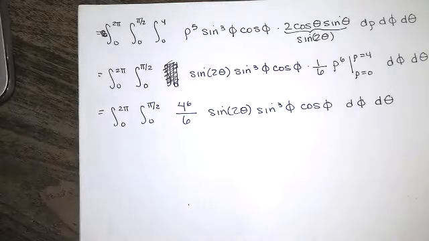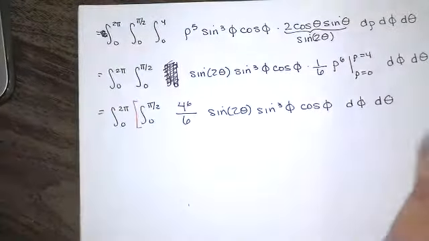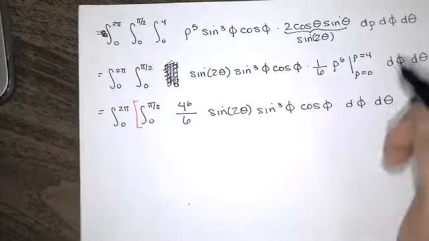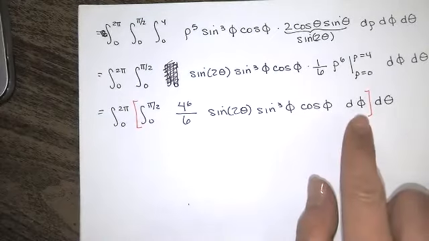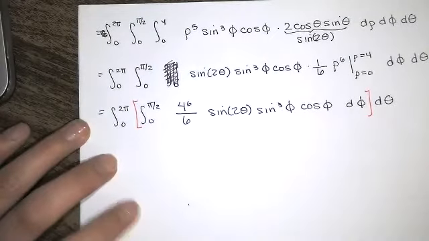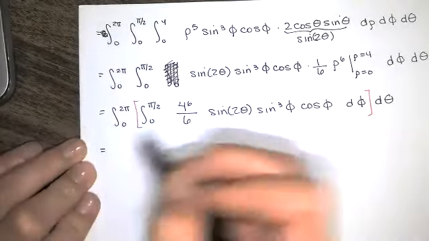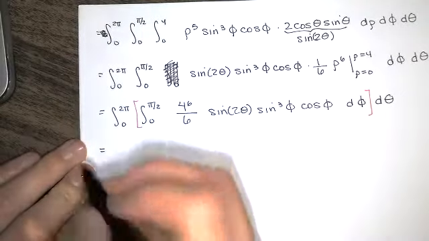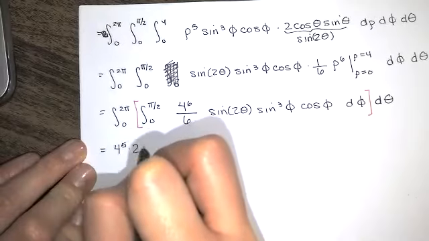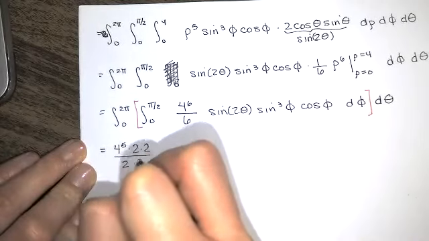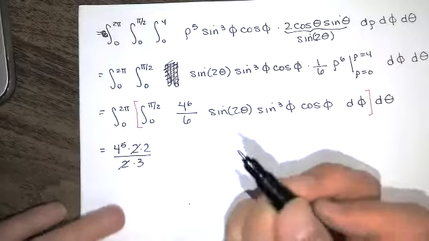And we could simplify that. I'm not going to simplify it yet, but I will. So now we're looking at this integral. We want to integrate with respect to phi next. So that is actually 4 to the 5th times 2 times 2, all divided by 2 times 3. The 2's reduce.